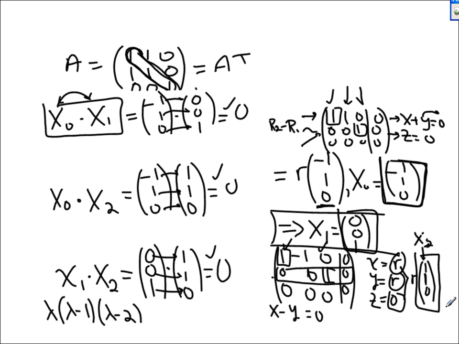It would have been more interesting if I had lambda cubed and lambda minus 1 squared and just lambda minus 2 to the first. That is, what if the eigenvector x0 came up 3 times?